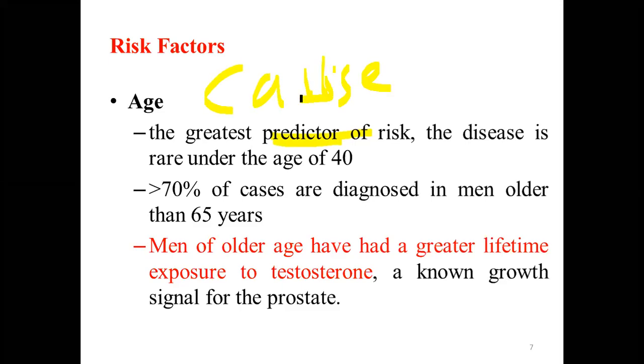Correlation and association might not tell you that one factor is actually a cause of the other, but when you say predictor in terms of research, it means the possibility of causality between the factor and the outcome is very high. So when you say age is a predictor of risk, there is a strong causal association between age and prostate cancer.